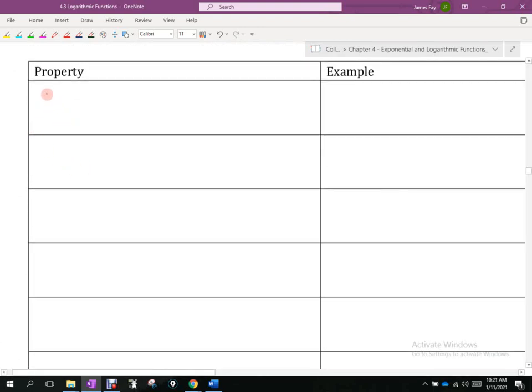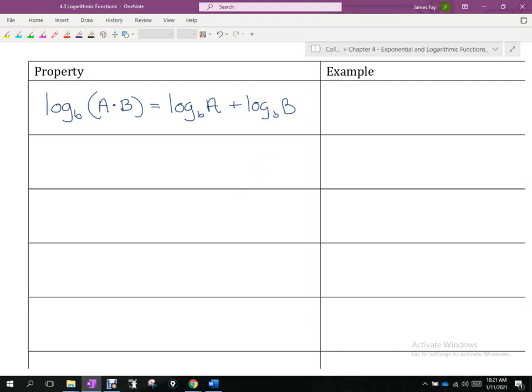If I take log, I'm just going to say base b, of a times capital B. Do you guys remember seeing that that is the same thing as log base b of a plus log base b of capital B? You guys remember splitting those last year? Okay. Multiplication turns into addition in regards to the argument of a logarithm.